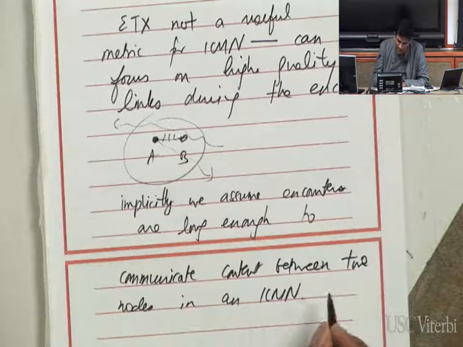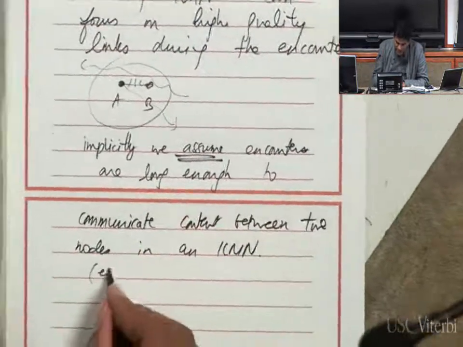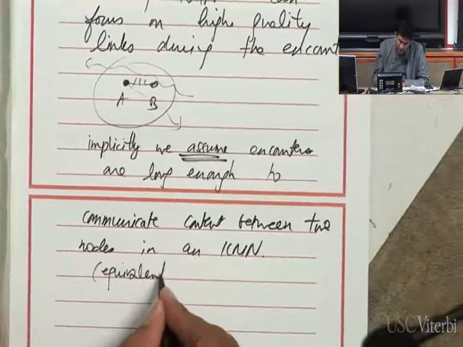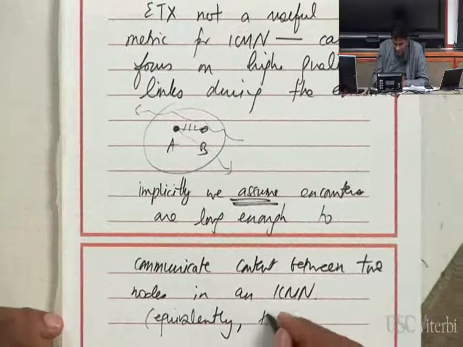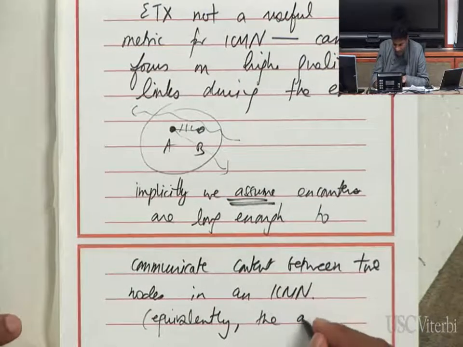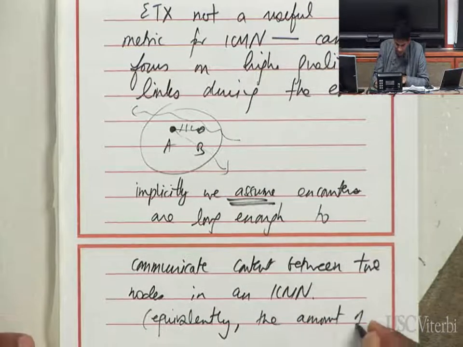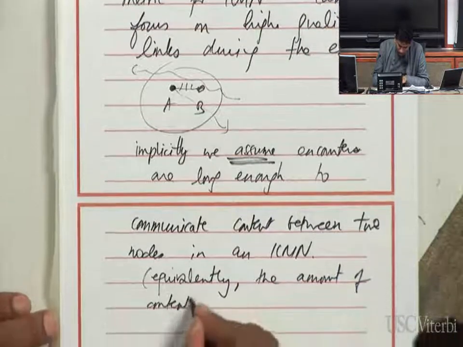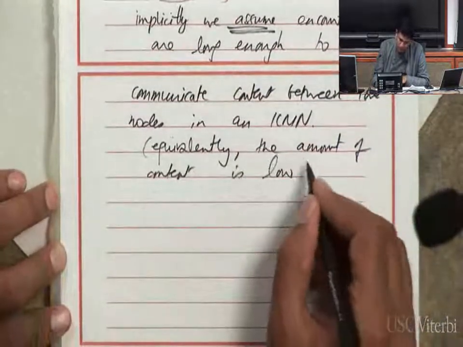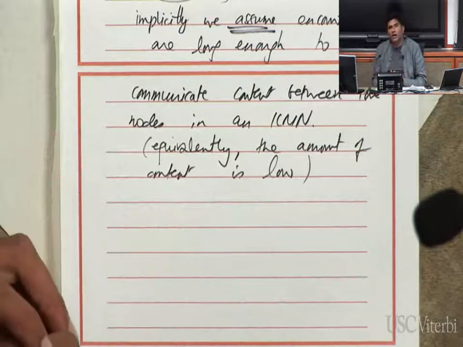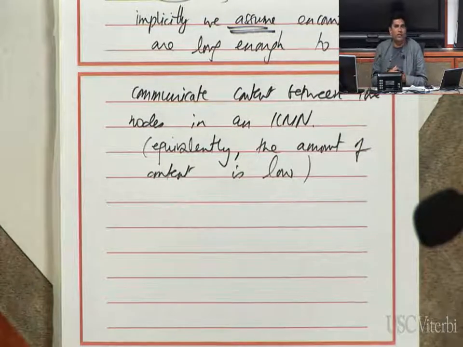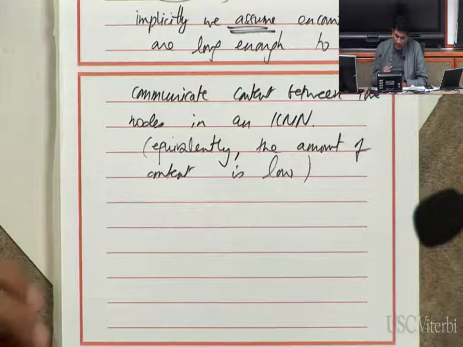And so somehow this assumption is equivalent to either saying that the encounters are long enough, which is how I described, or equivalently that the amount of content is low, right? So how much you need to transfer is maybe a few bytes, a few packets. It's not a really large volume of data you're necessarily trying to communicate.